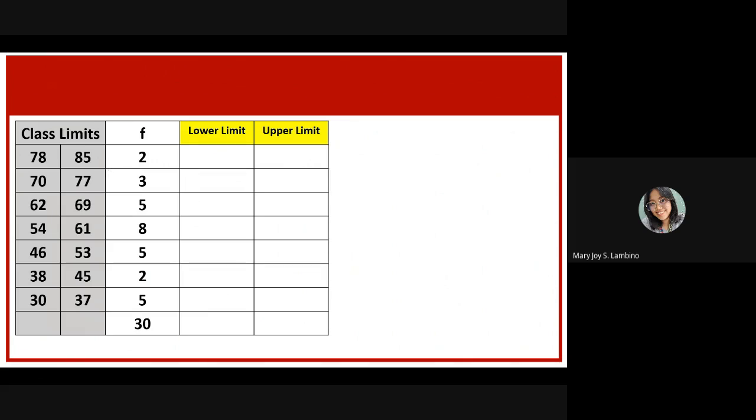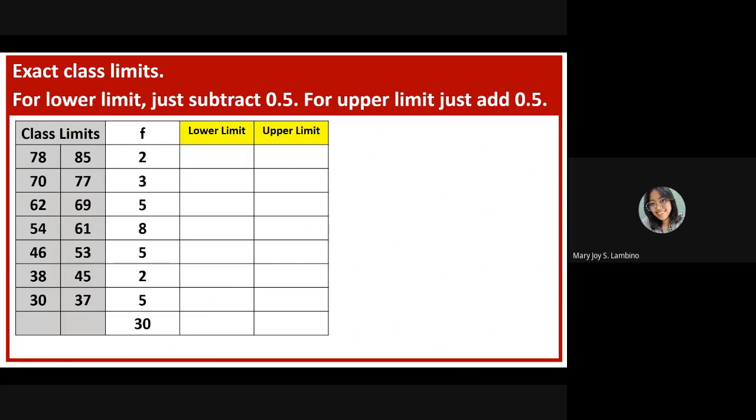And let's add the lower limit and upper limit columns. We need to have the exact class limits. For lower limit, just subtract 0.5. For upper limit, just add 0.5.